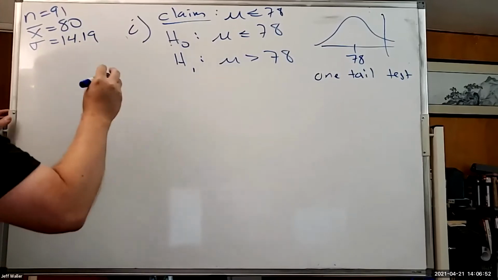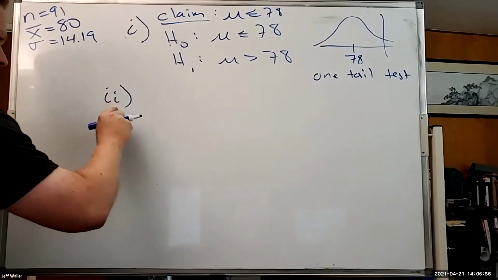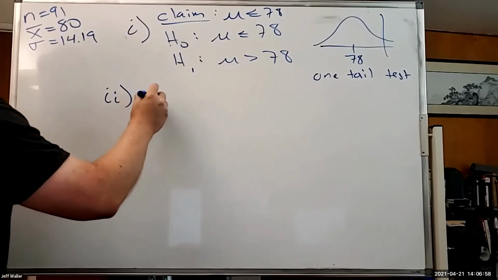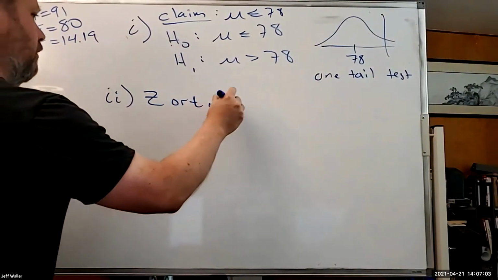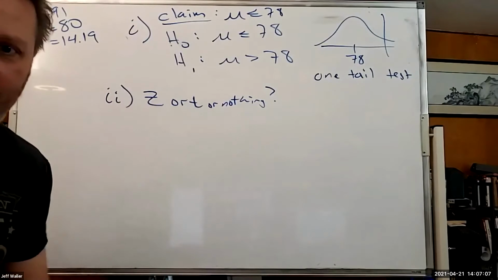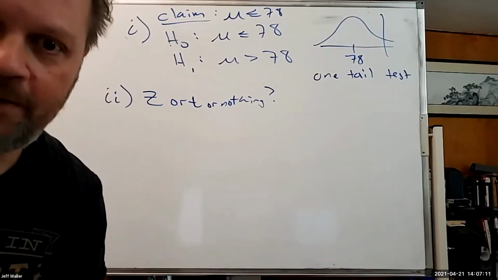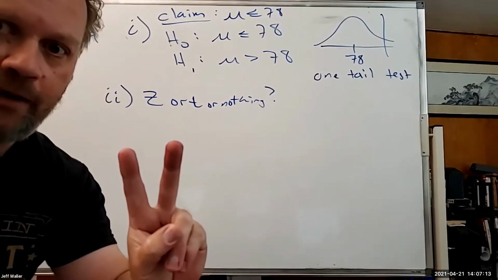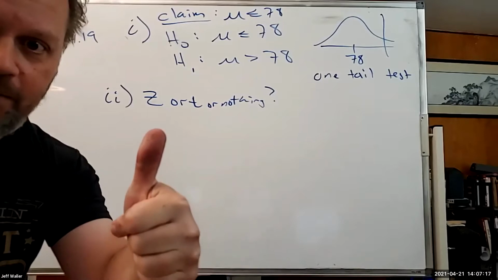The second step is a very, very familiar step. The second step says, can I use Z-scores or T-scores or nothing? We've had that come up before, right? Can I use a Z-score or T-score, or is it not normal? So there are two things you have to check. One, is it normally distributed? The distribution I'm working with.